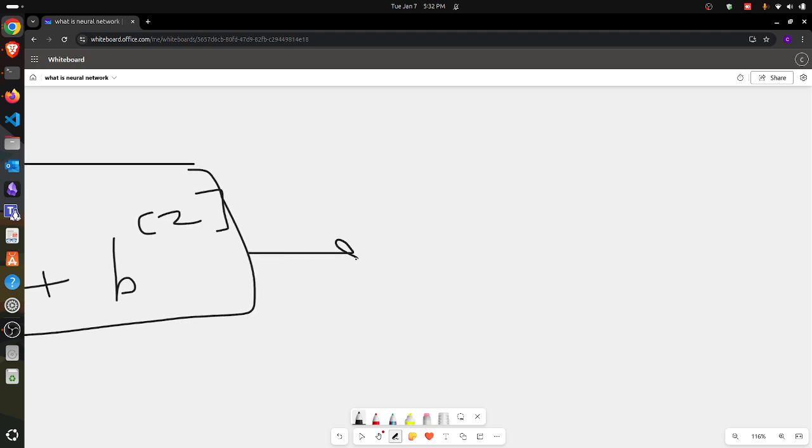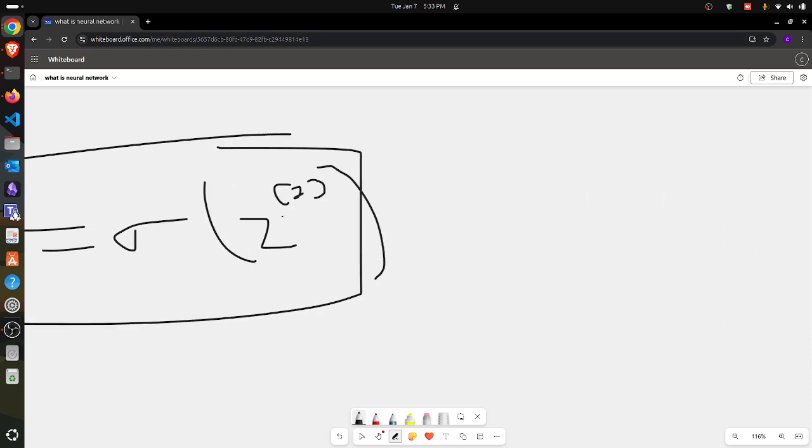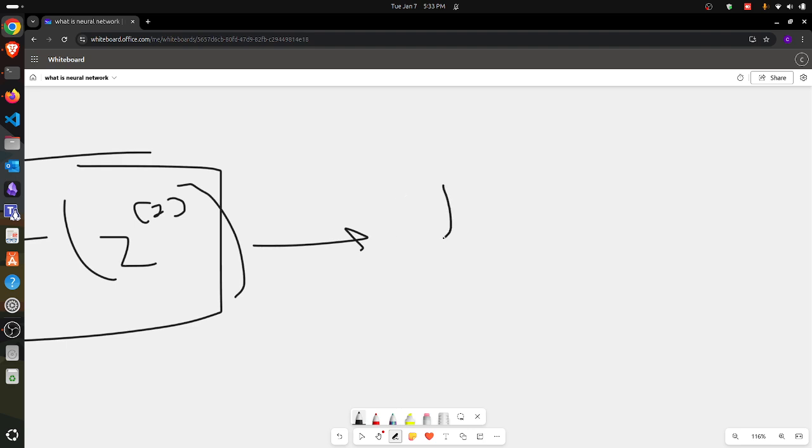That will mean a2 equals sigmoid of z2. That will look like this. It will go ahead and give us a loss function, where we got this thing.